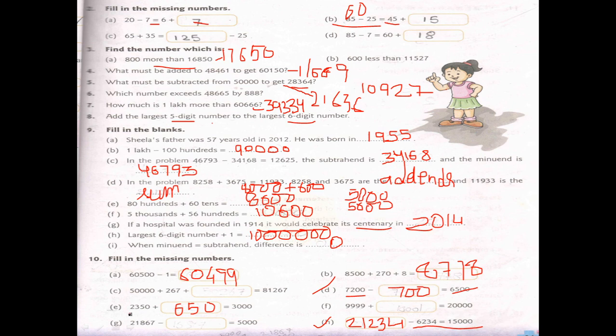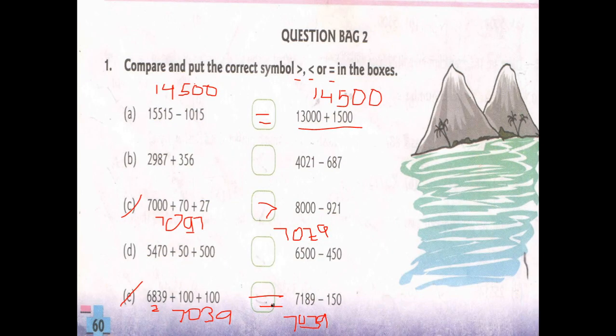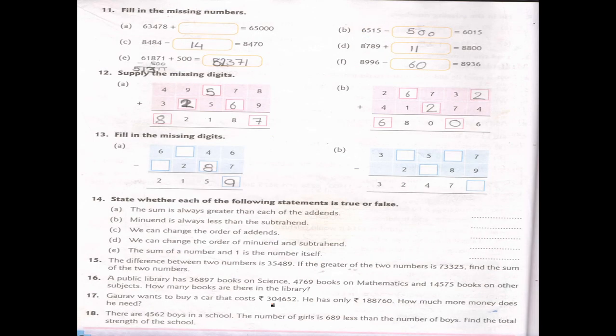And the third type is when one of the addends was given to you and the sum was given to you, whether the first addend or the second one, in both cases you are subtracting the given addend from the sum. So this is all for the day.